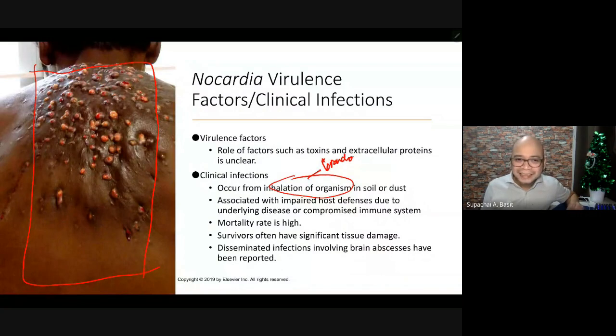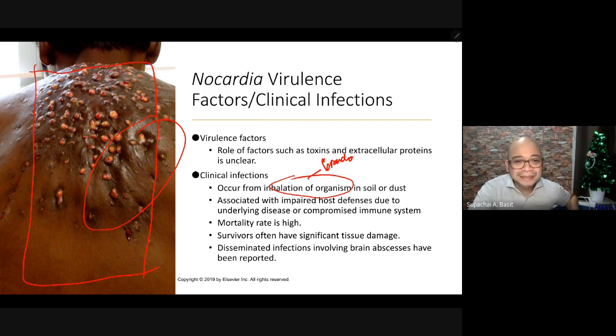Usually diabetics are at risk of getting this, or people with weak immune systems such as patients with AIDS. Mortality rate is high because of the compromised immune system. Survivors often have significant tissue damage. You may recover, but the damage, such as this one, is already irreversible.